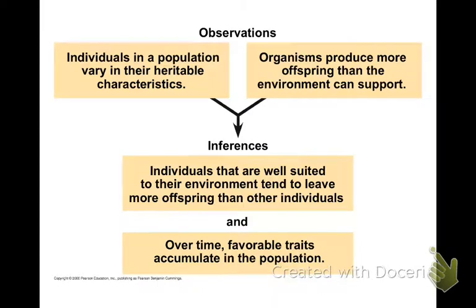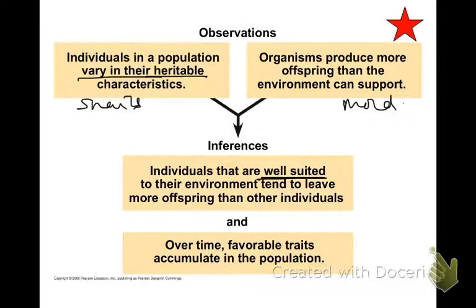So the observations that we can put together are: individuals in a population will vary in their heritable characteristics. Okay, they will vary. You will have variation. Remember the snails? Okay. Organisms produce more offspring than the environment can support. Remember the mold that I showed you just now? The mushroom. Okay. With this, what can you infer? The organisms or individuals that are well suited to the environment will leave more offspring than other individuals.